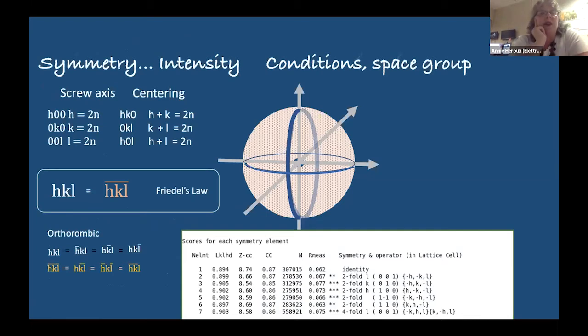I wanted to talk a little bit about the HKL indices because this used to be extremely important. When a data set was taking 12 hours, we needed to know that we had the minimum to get a full data set. This is not the case anymore.